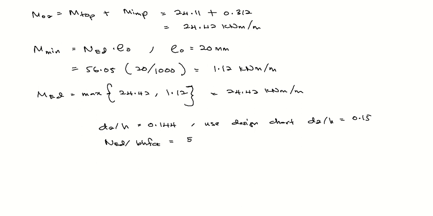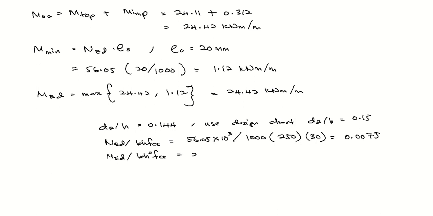NED is 56.05 times 10 power 3, changed to Newton because your FCK is in Newton per millimeter square, divided by 1000 times 250, the thickness of the wall, times 30. This will give you 0.0075.